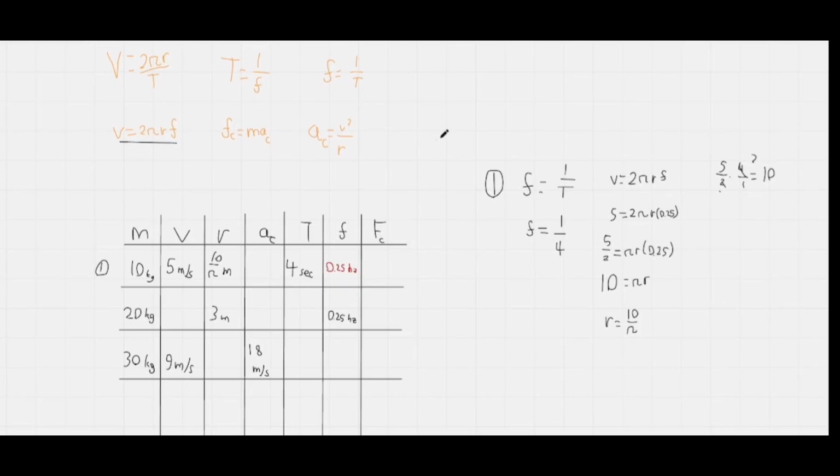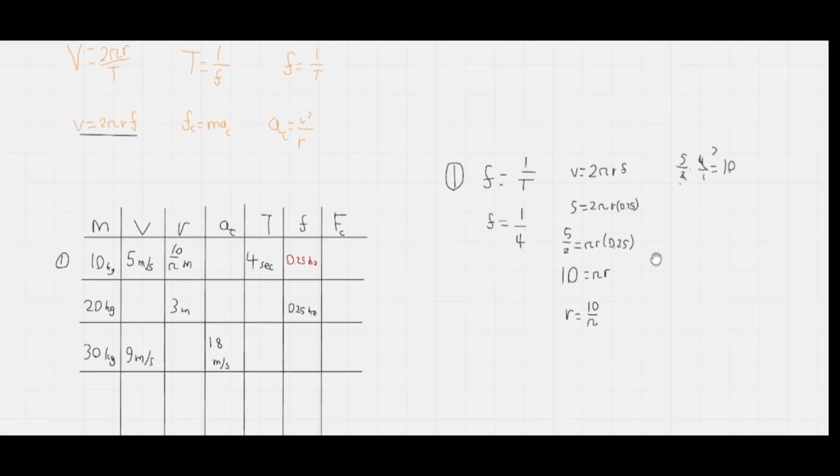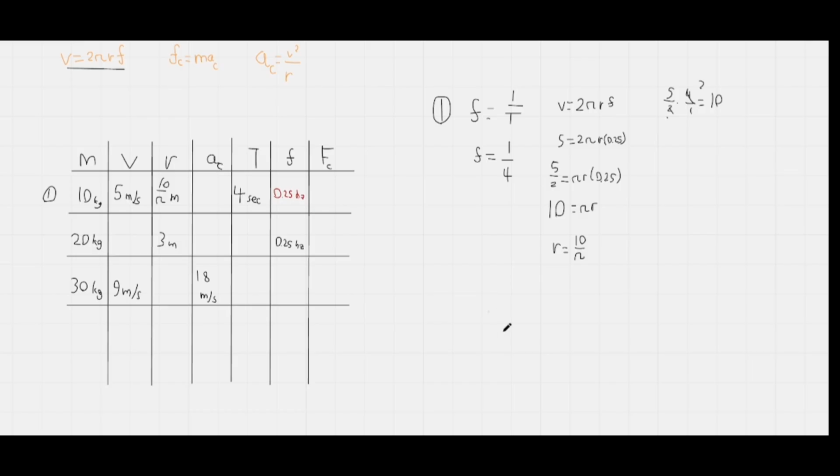Now, since we found our r, we can calculate our acceleration, which is AC equals v squared over r. Now AC, write that down, AC equals v squared over r. AC equals v squared, which is 25 over 10 over pi.